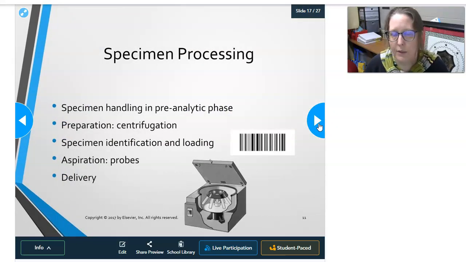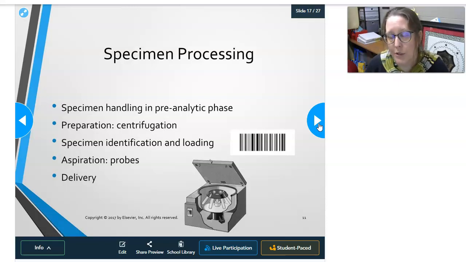Okay, so then when it gets to the lab, it needs to be processed in. And so this specimen handling is all in the pre-analytical phase still, and some of that can be automated. There have been some automated specimen processors that have been integrated into the lab. But some of the things that have to be done usually for specimens that go into chemistry is, one, a lot of times there need to be centrifuged.